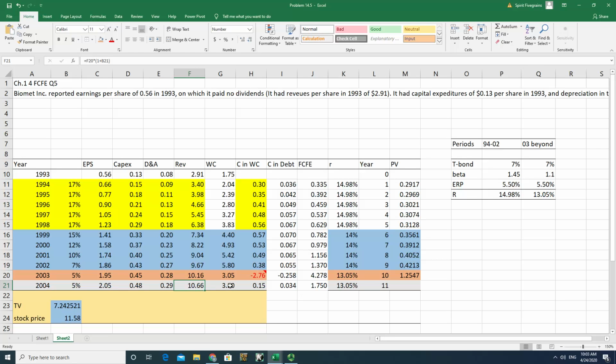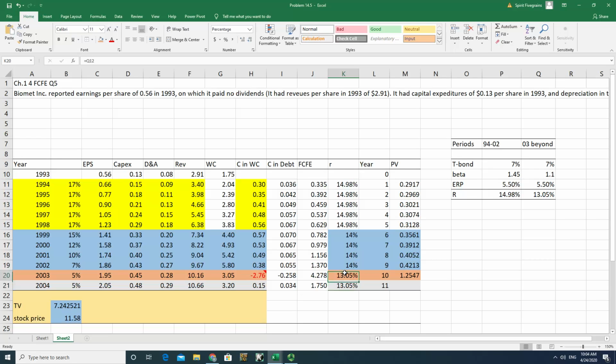So once I have everything ready here, working capital, change in working capital, and FCFE, of course my goal in problem solving is to get the right number for FCFE. And then I discount this FCFE by using different discount rates. The high growth discount rate was about 15%, and in the low growth time period beta would be low, therefore cost of equity would be low, 13%.